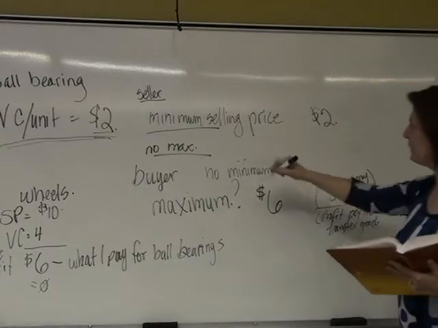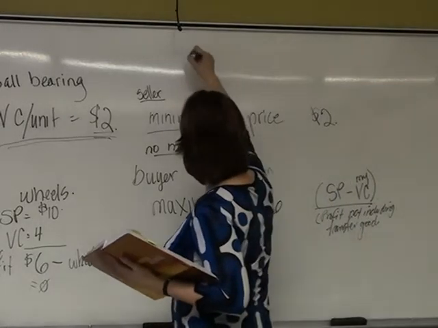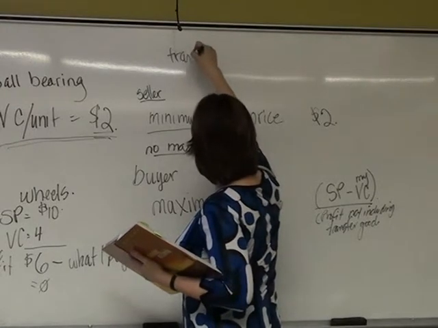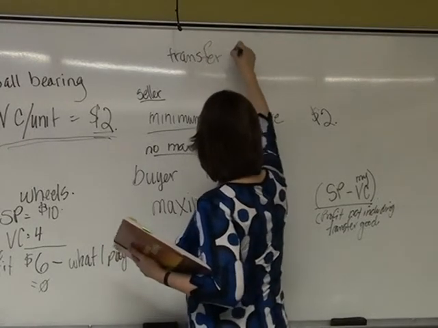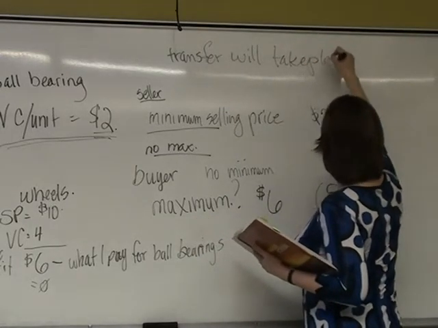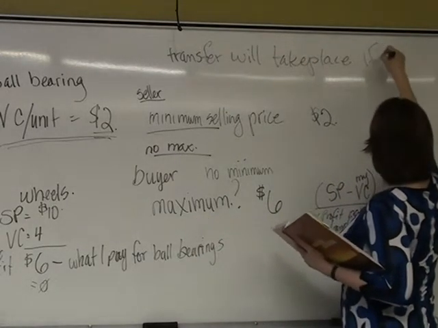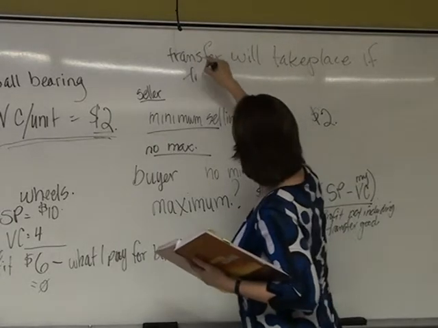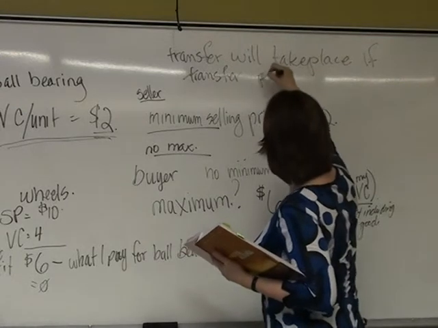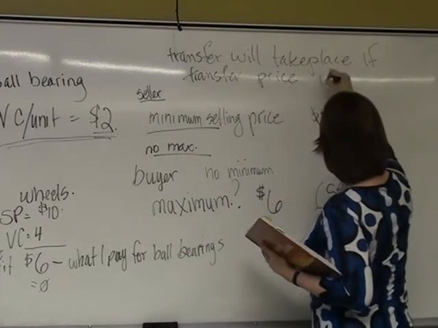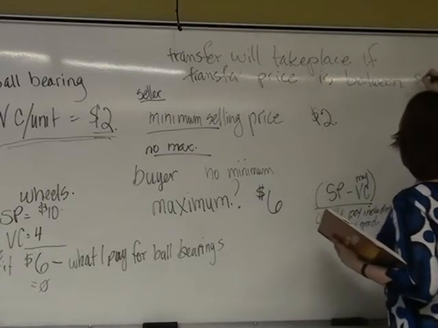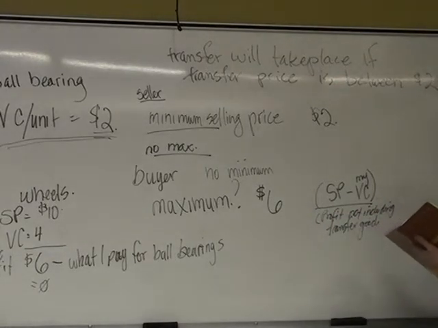Okay, so what we've said is that this transfer will take place as long as the price, so the transfer will take place if the transfer price falls anywhere between $2 and $6.